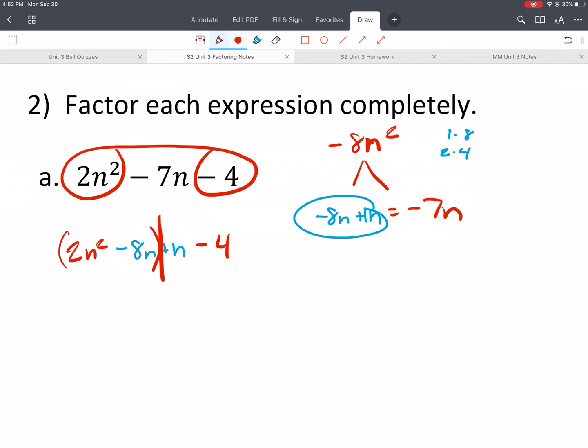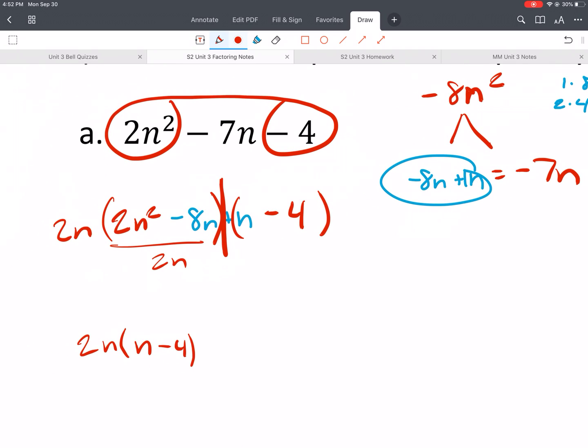Okay, so we can factor out a 2n, divide it by 2n, that gives us 2n times n minus 4, and here, greatest common factor for the right side. Okay, it looks like we can't factor anything, so we will just factor out a 1. So we'll have plus 1 times n minus 4.